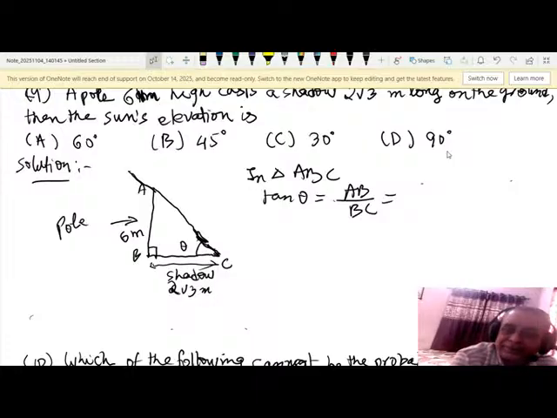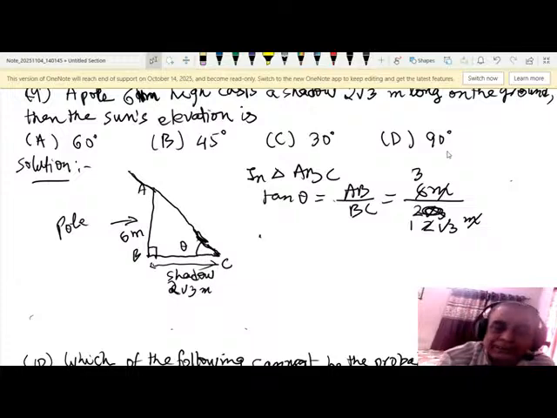So AB is 6 meter divided by 2 root 3 meter. Now meter and meter you cut. Divide 6 and 2 by 2. So here it will become 1, here it is 3. So tan theta value, what we are getting, is 3 by root 3.